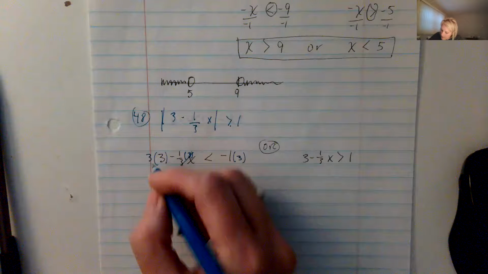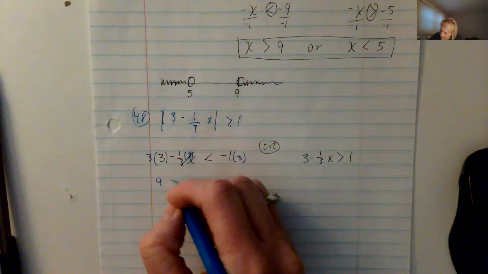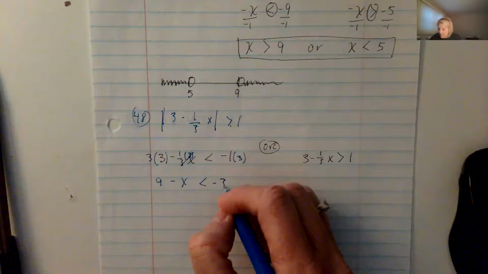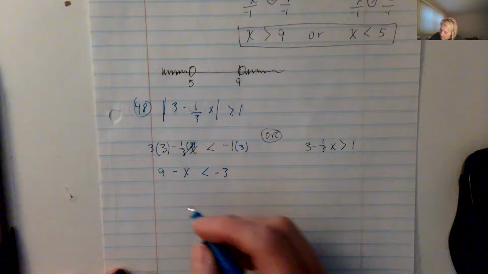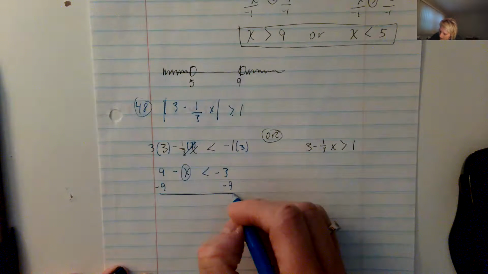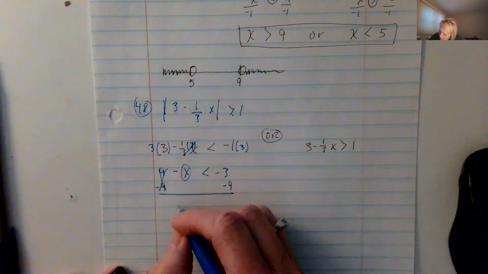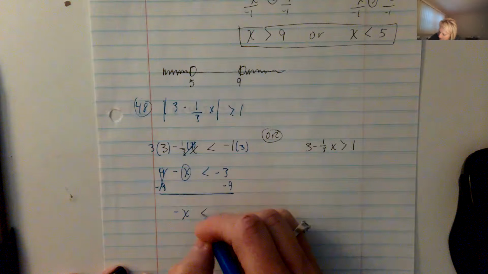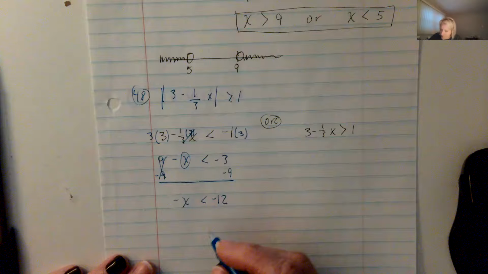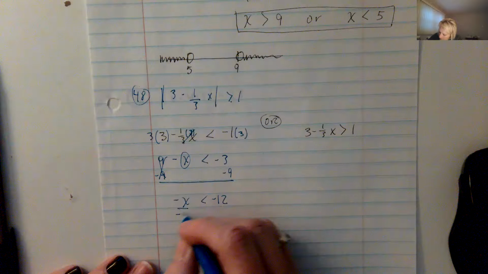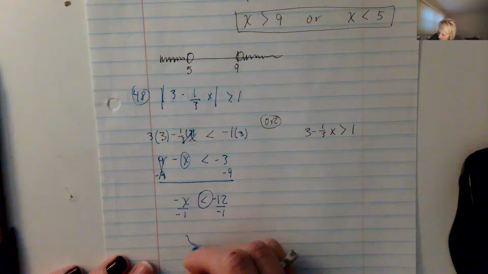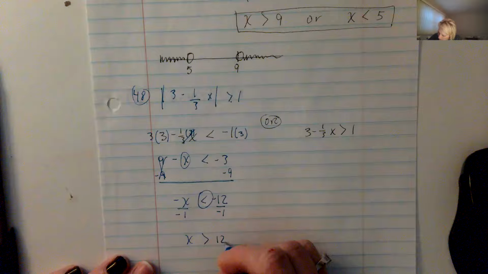So we get 9 minus x is less than a negative 3. Then we're trying to isolate x, so we're going to subtract 9. I'm going to leave my x on the left. So we have a negative x less than a negative 12. Then I want a positive x, so I have to divide by a negative 1, but we have to flip the symbol. So x is greater than a positive 12.